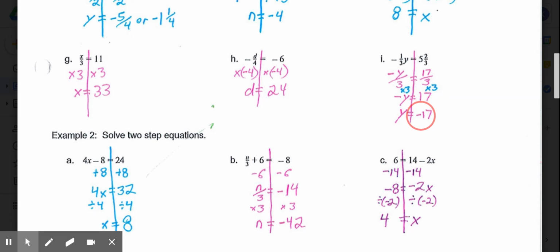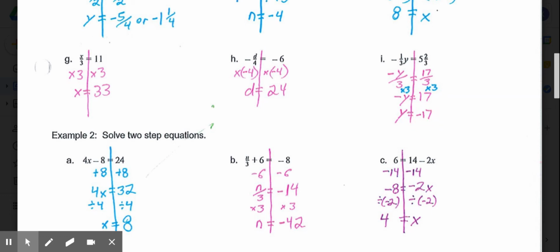And what allows us to do that, technically what we're doing, is we are dividing each side by a negative 1, which gets rid of the negative on the left and makes it appear on the right. So if an opposite of y is 17, then y is a negative 17.